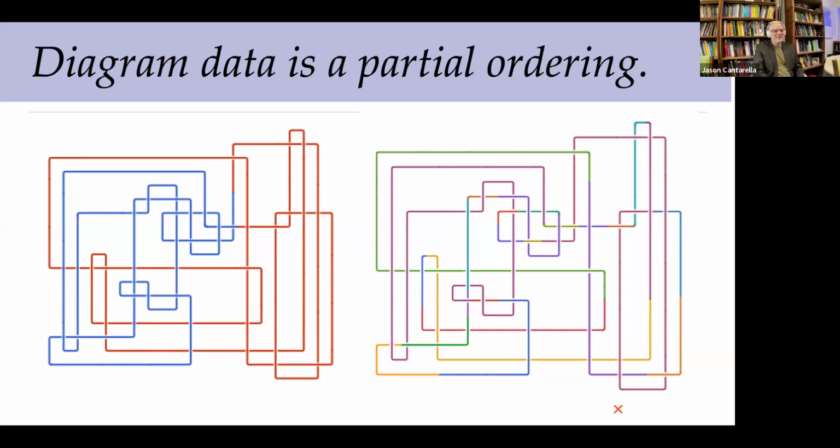And maybe two arcs don't touch each other, so they're just not comparable. So you could imagine a strategy where you start somewhere on the knot and walk around and stay level. Everybody else is going to get out of your way. And you'll have to stop when you get back to yourself.